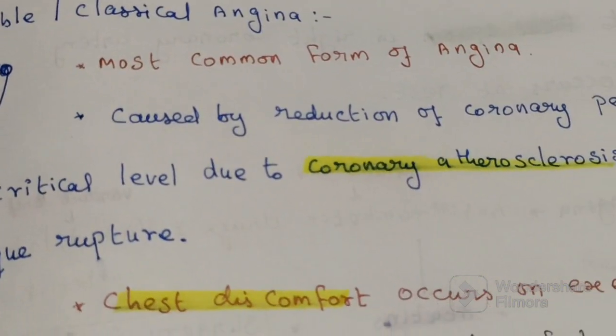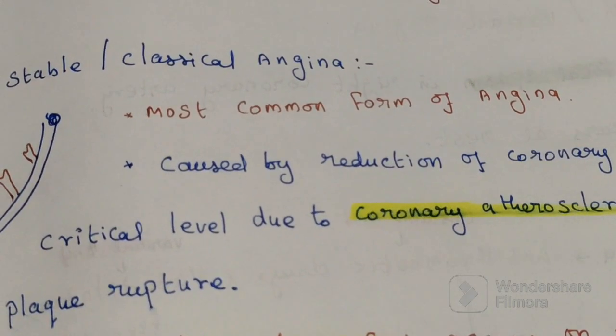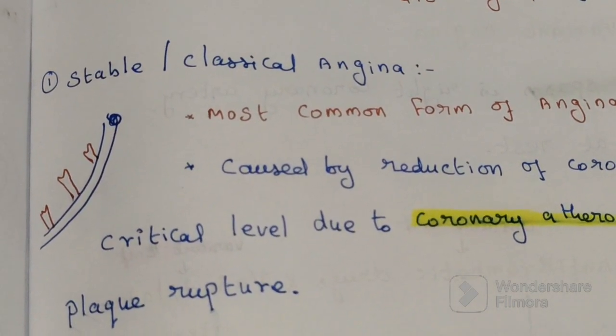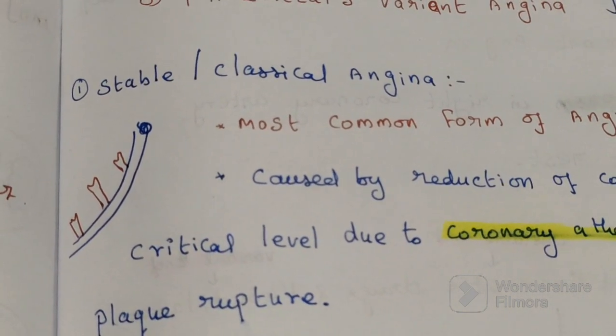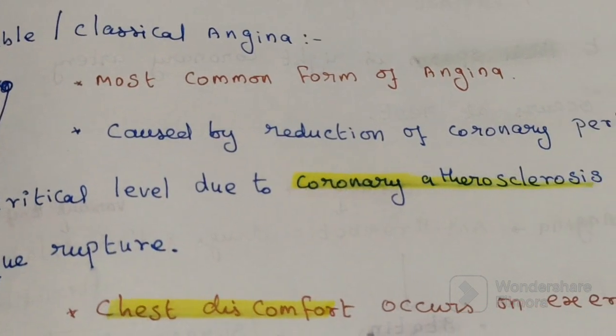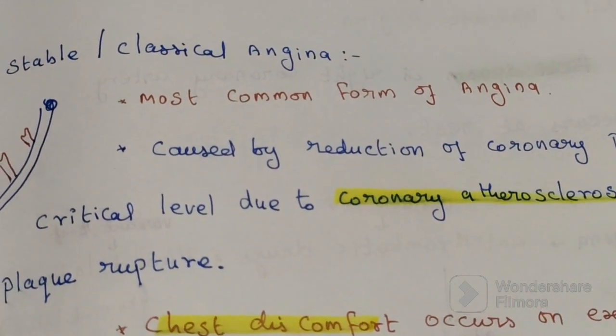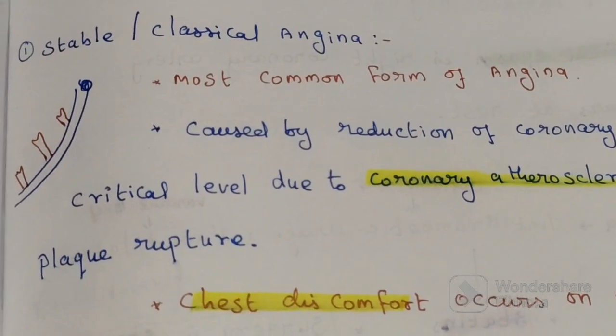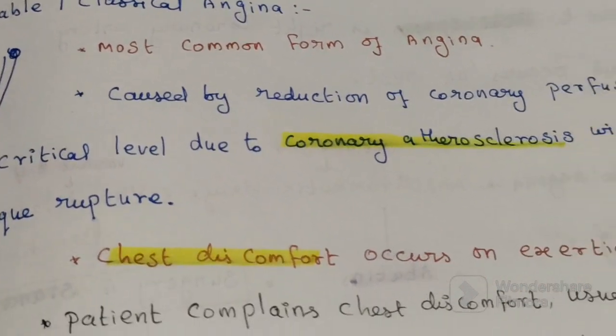Because of the reduced blood supply in the coronary, angina will occur. This is known as stable or classical angina.